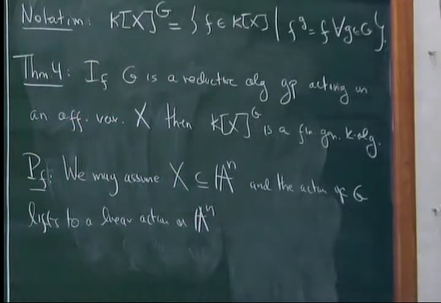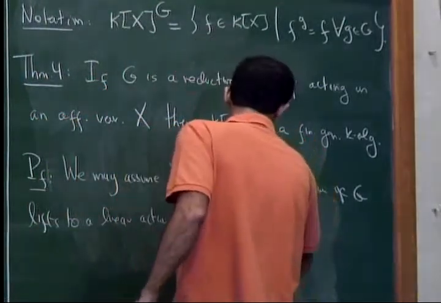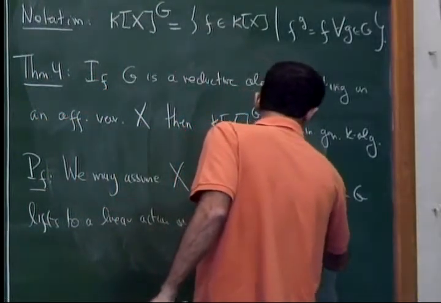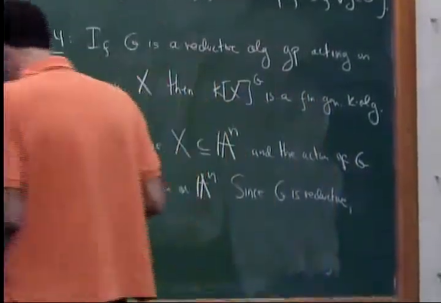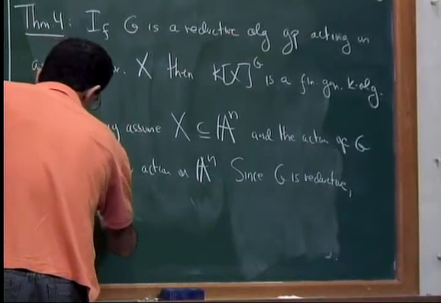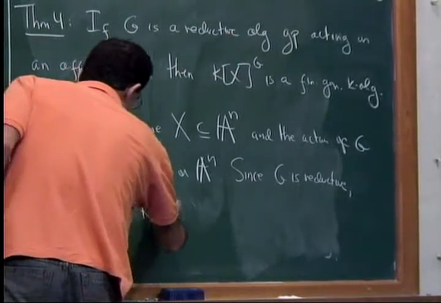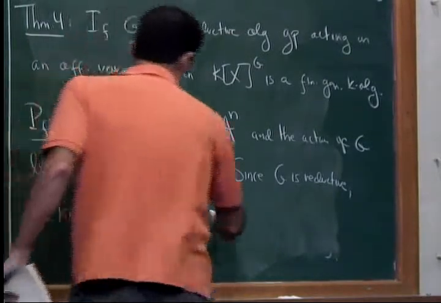Okay, so that's exactly the corollary. Now, since the action is linear, and since G is reductive, from the theorem we stated last time, we know that the ring of invariants on A^N is finitely generated.